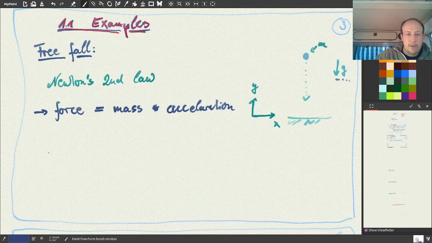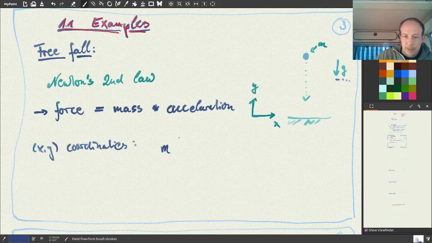And in our xy coordinates, here we then have that m times, so here are the coordinates. That's how the coordinates change in time. So x will change, and the y will change. Of course, we already see that basically only the y will change.